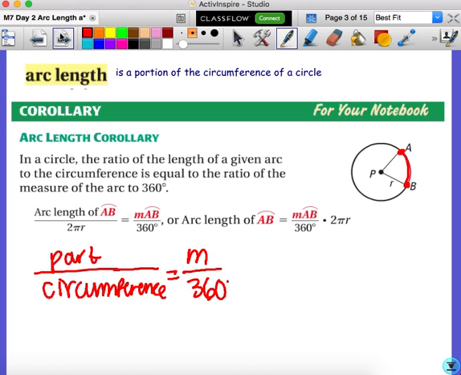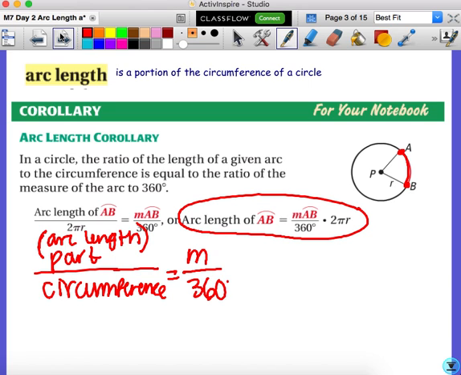So the arc length, or the part of the circumference out of the total circumference, equals the measure out of 360. Our other option is to solve this for the actual arc length, and we find that the arc length is equal to the measure out of 360 times the circumference, or 2 pi r.